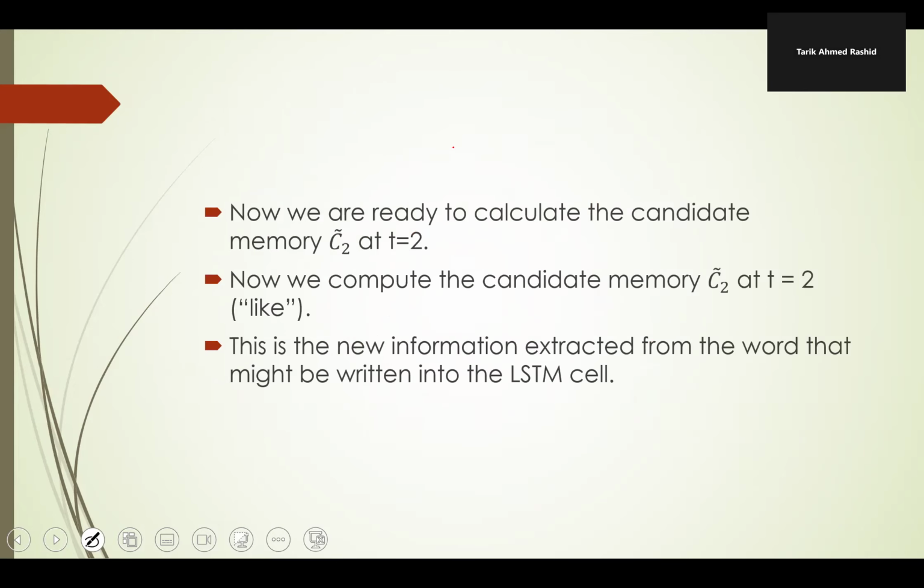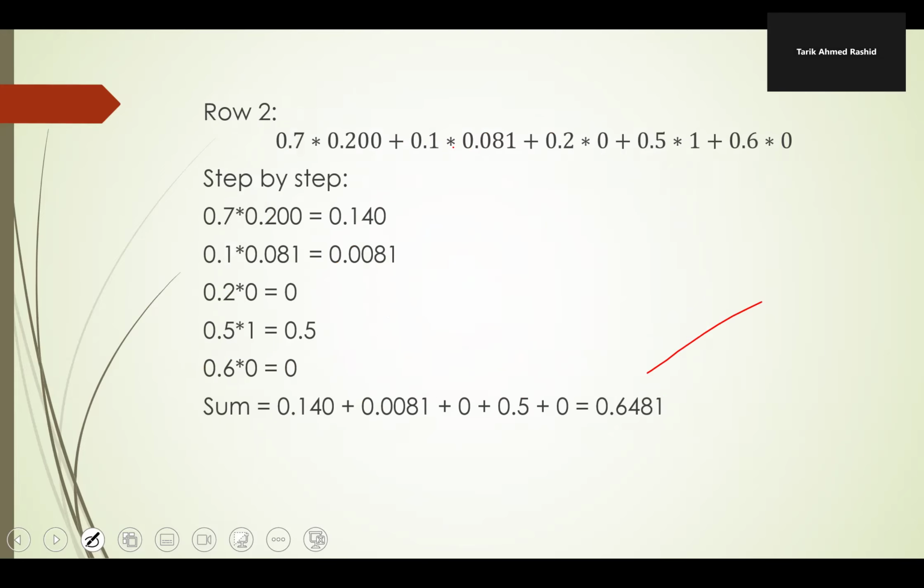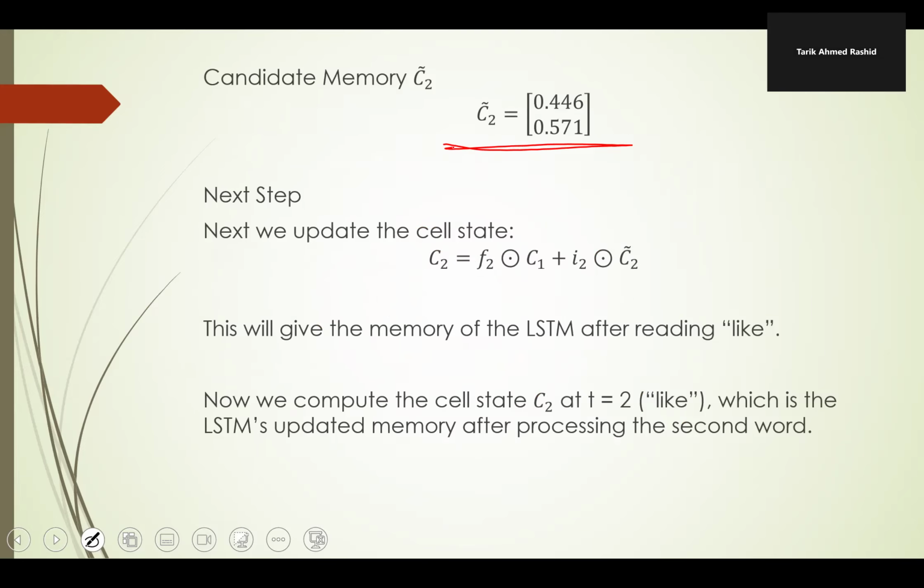I don't have the diagram; it is in the earlier video. To find the new updated cell state: the forget gate multiplied by C1, plus I2 multiplied by C2 tilde.